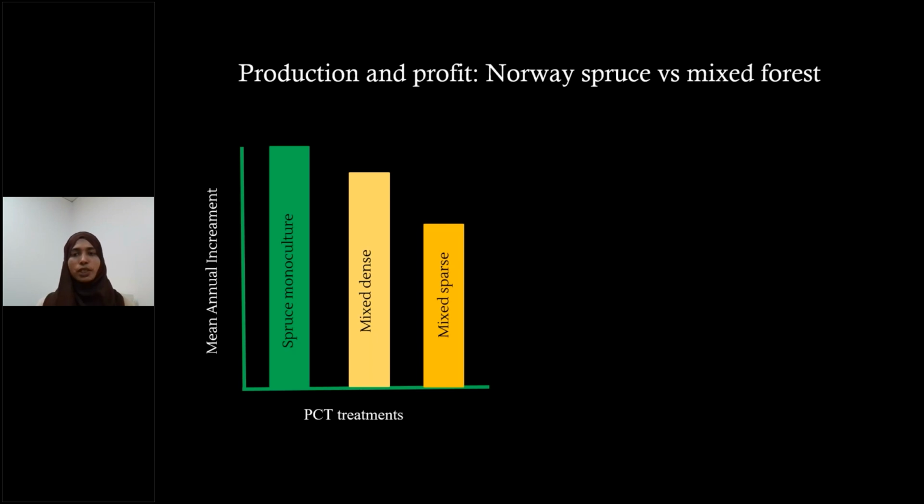Norway spruce is shade tolerant and slow growing in the beginning and then starts to grow fast later. On the other hand, birch is fast growing at the beginning and culmination is earlier than Norway spruce, and that can give the lower mean annual increment in mixed forest.